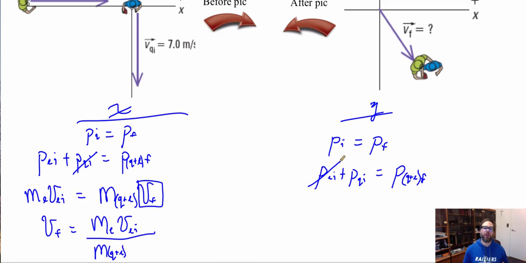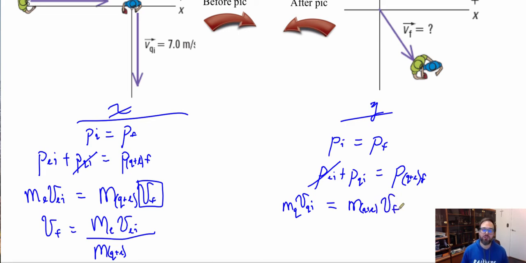Now we're just going to replace my momentum with its formula. I'm going to have the mass of the quarterback multiplied by the velocity of the quarterback initially in the y equal to the mass of the quarterback plus the mass of the linebacker multiplied by the velocity of them both in the final after the collision.